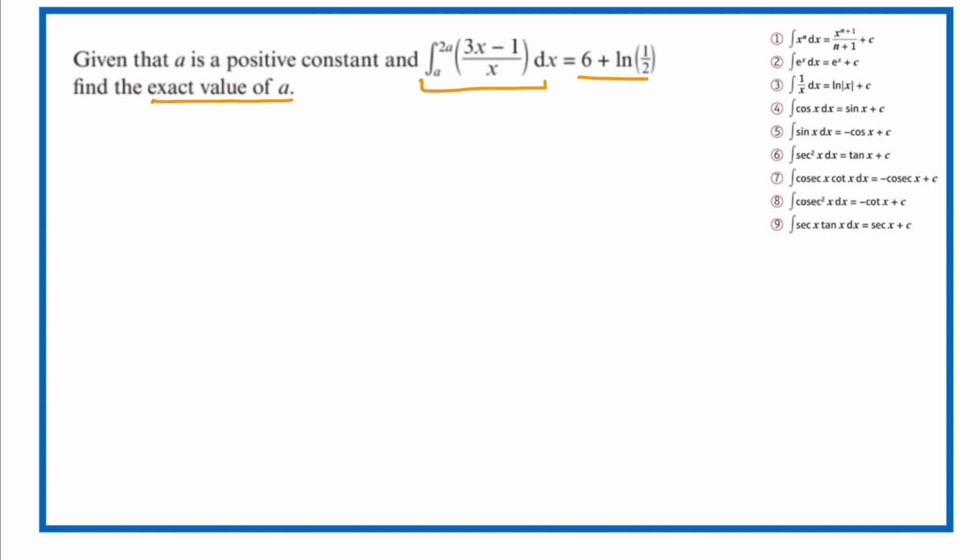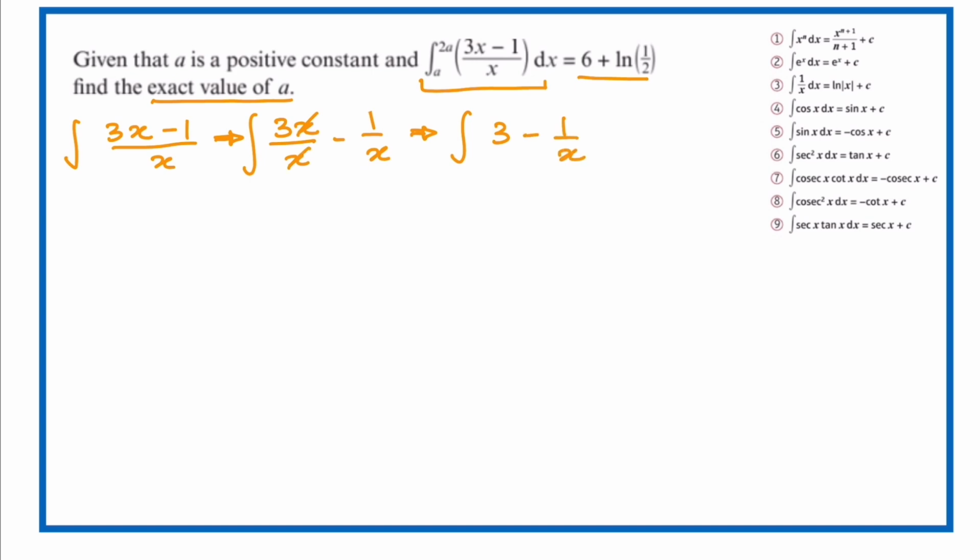I'm going to ignore the limit for the moment, so that becomes integration of 3x minus 1 all over x. So I can split this into 2 fractions, so it becomes 3x over x minus 1 over x, and that will simplify down to integration of 3, as x and x cancel out, minus 1 over x.